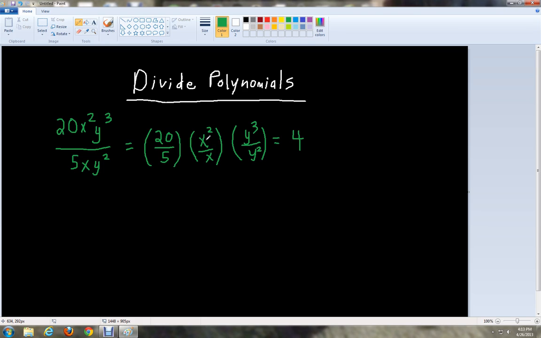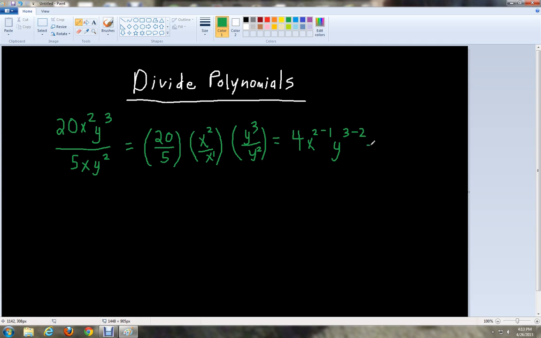And then x squared divided by x, what we do when we divide, instead of adding exponents like we did when we multiply, we have to subtract them. So this will be 4x to the 2 minus 1, since this is x to the first power. And then for the y's, we have y cubed divided by y squared, so that'll be y to the 3 minus 2.